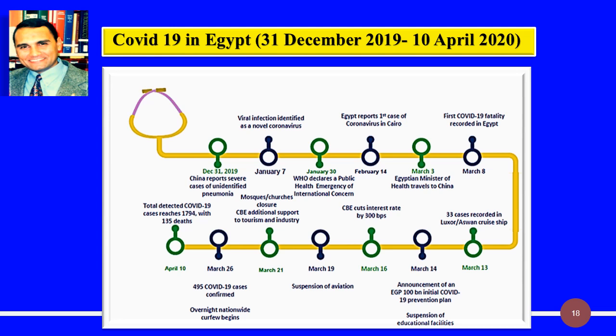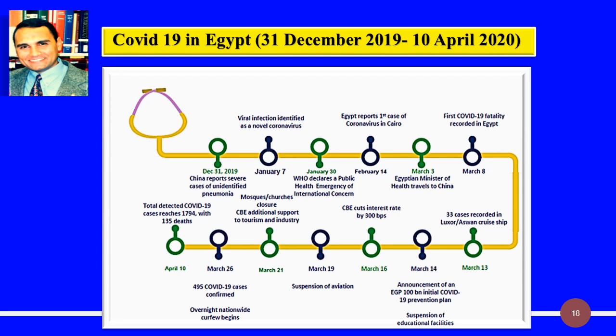On the 7th of January, the viral infection was identified as a novel coronavirus. At the end of January, WHO declared a public health emergency of international concern. In Egypt, the first case of coronavirus was reported in Cairo on the 14th of February.